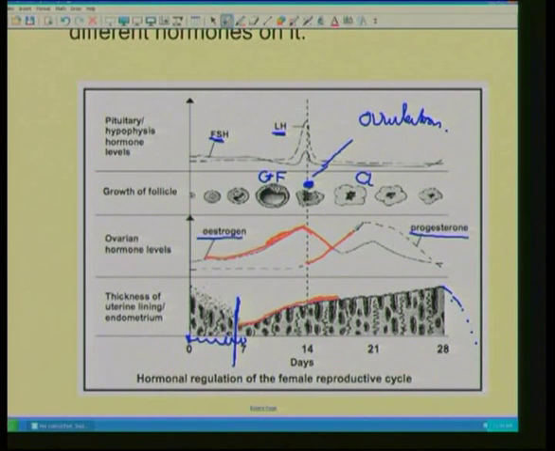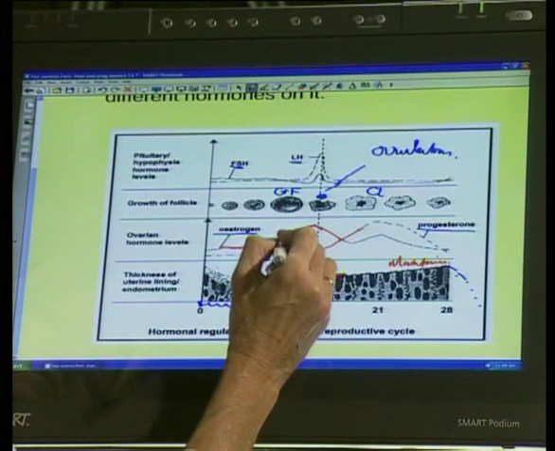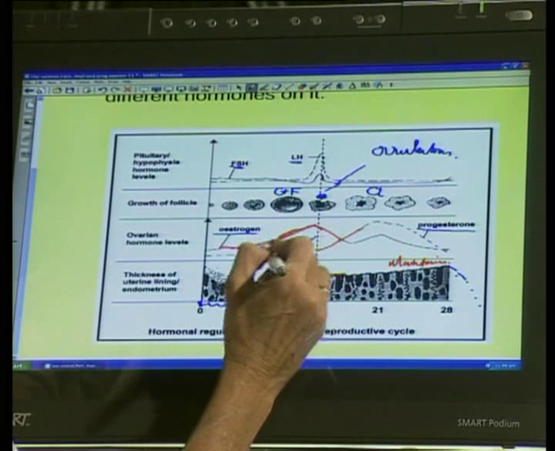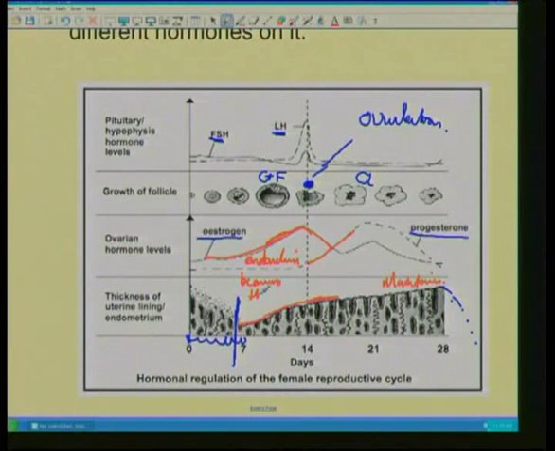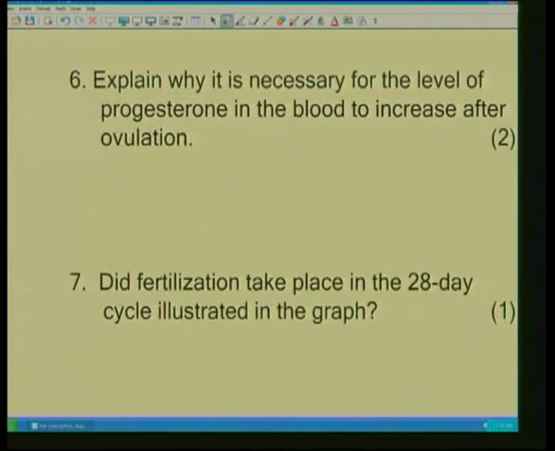The progesterone's job is to make sure that we maintain the thickness of the endometrium, whereas estrogen's job is to make sure that the endometrium becomes thicker so that it's able to have implantation take place. Okay. Just look at your graph and explain what you see.